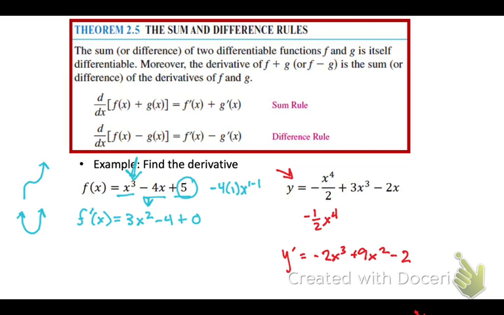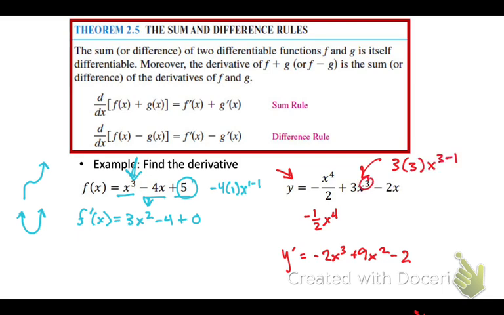What did you think this was? No, the middle one. Where does the 3 come in to make it 9? Because it's 3 times 3x to the 3 minus 1.